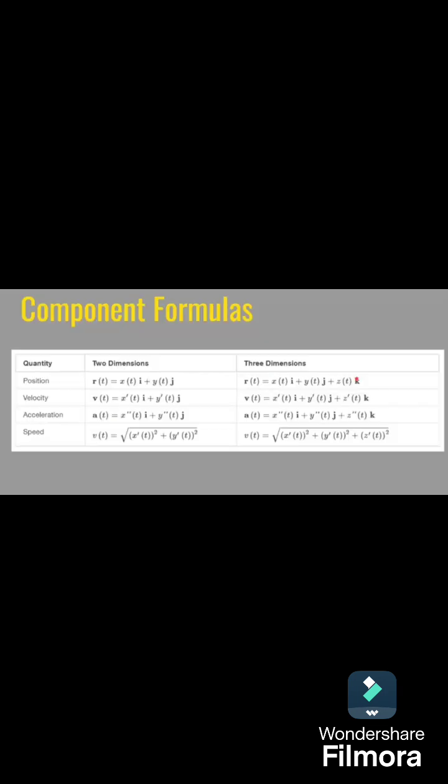This is the speed, right? r prime is the velocity and the magnitude of the velocity is the speed. Multiplying those two together we get v squared. So this writes the acceleration in terms of the tangential direction and the normal direction. In the tangential direction, the acceleration is just due to the change in speed, which we already thought about. And here are some formulas that we need to remember before we proceed to the next question.